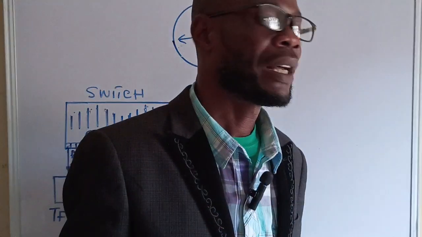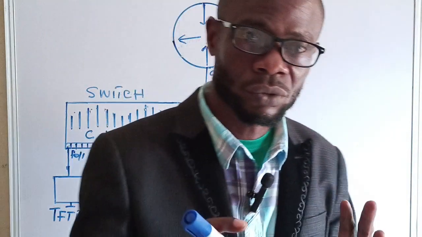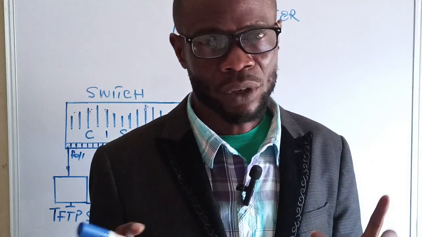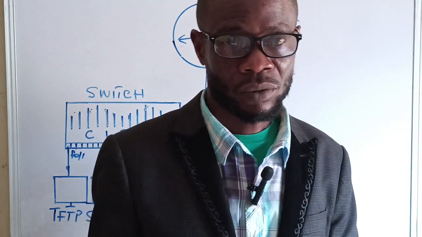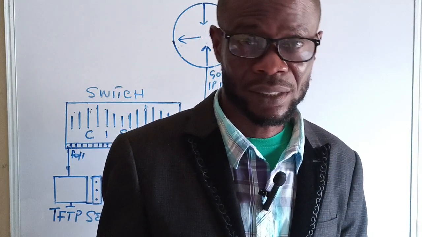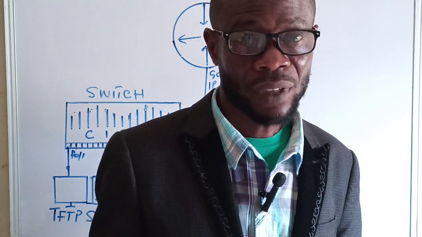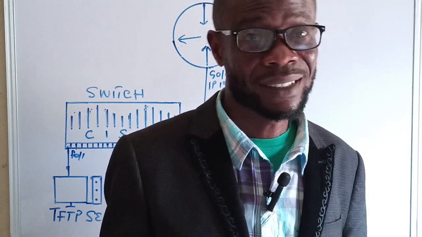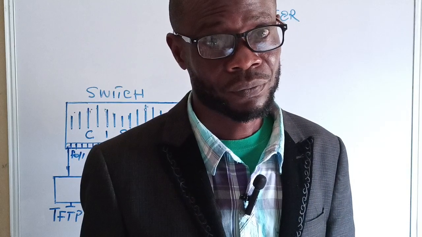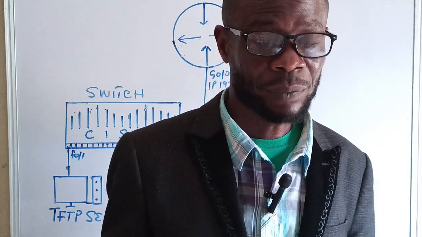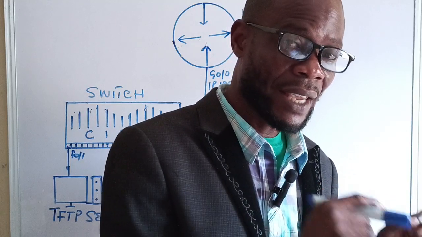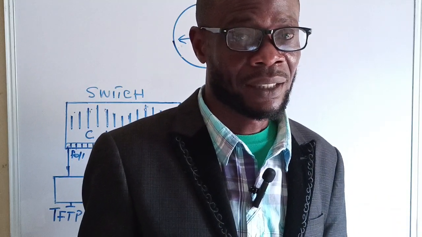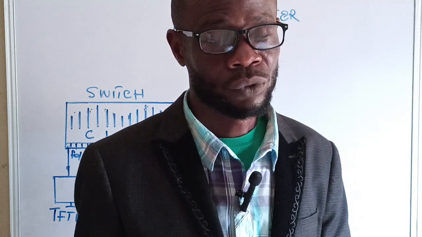Now, the next thing I'm going to teach you is how to back up a copy of this Internetwork Operating System to a Trivial File Transfer Protocol server, which is the TFTP server. You copy it from flash memory, which is in the Cisco device, that is the switch or router, to the TFTP server.